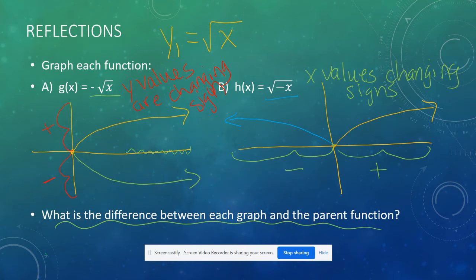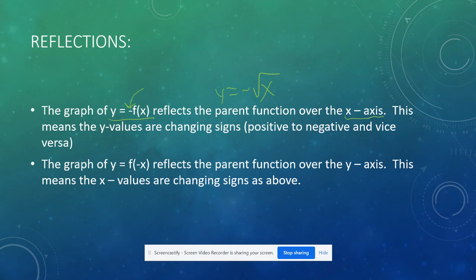Here is my x-axis, for example A, and we picked up this graph and flipped it over the top of the x-axis and made it down here. The y values are changing signs from positive to negative and vice versa.